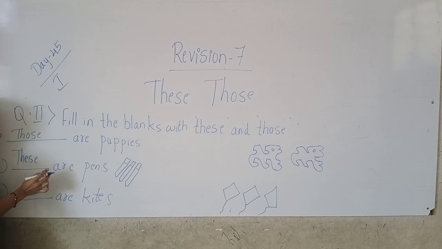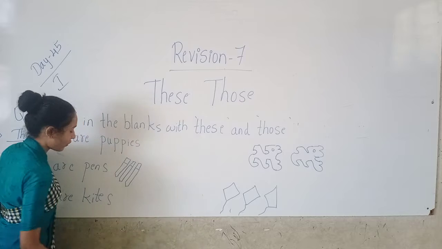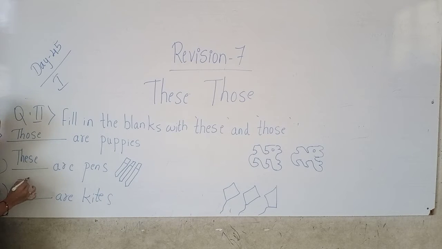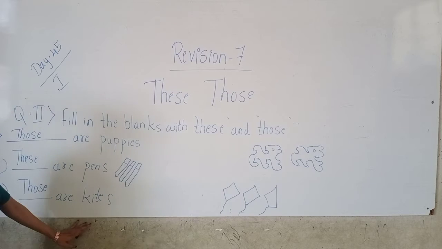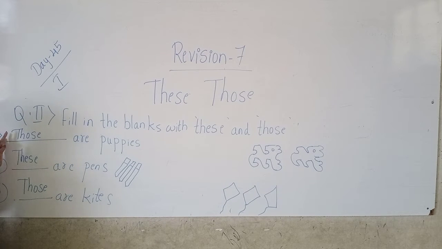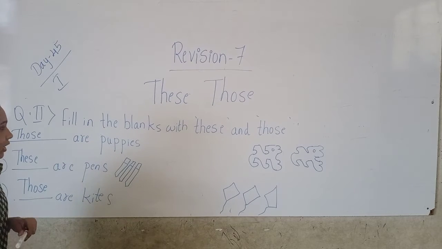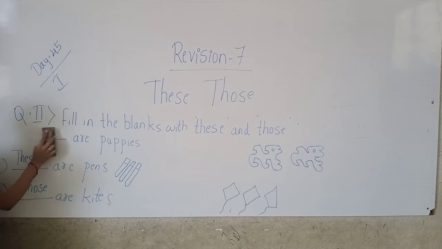These are pens. See here, kites are near or far from us, children? Far. So what should we use here? Those are kites. For the things which are near we should use these. For the things which are far from us we should use those, children. Okay? Let us move to the next one.